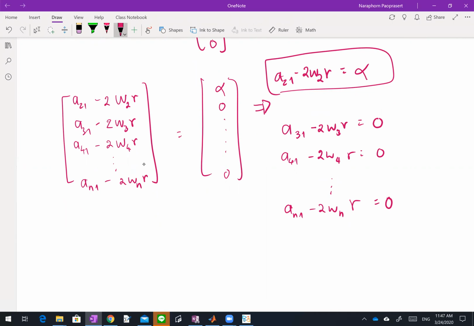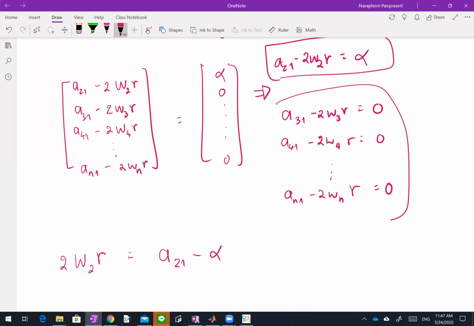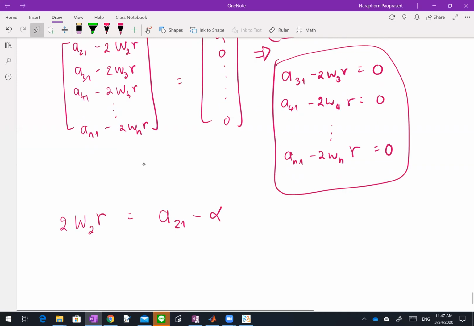You have 2w2r equals a21 minus alpha. And from these equations, they're pretty much the same, just change the index. So 2wjr equals aj1, and this is for j from 3, 4, 5 up until n.